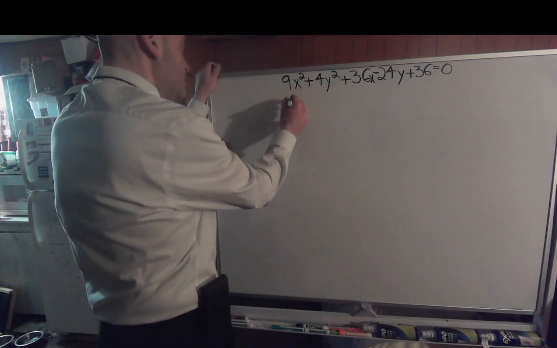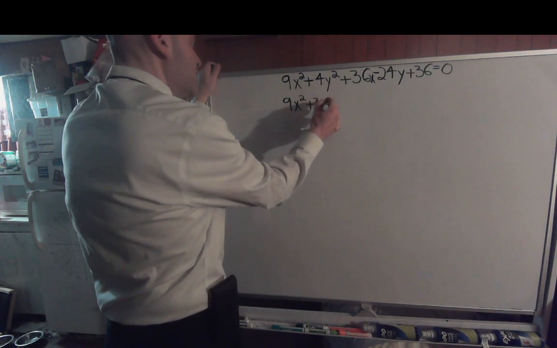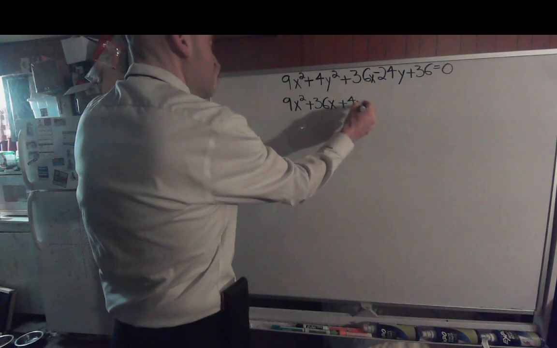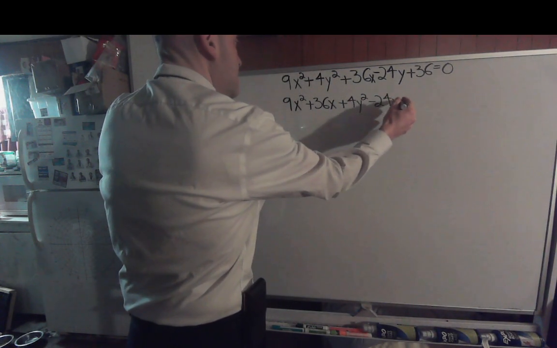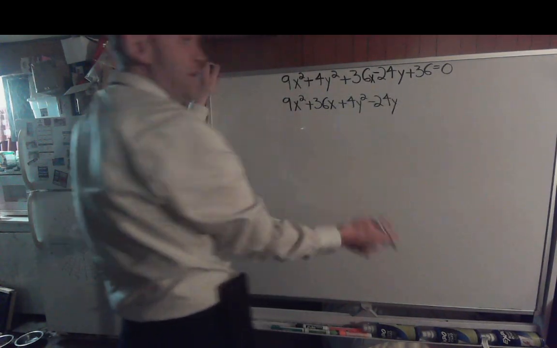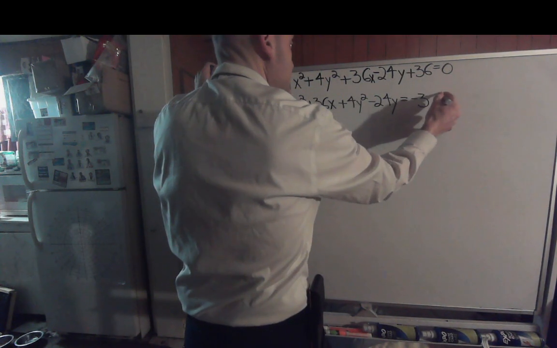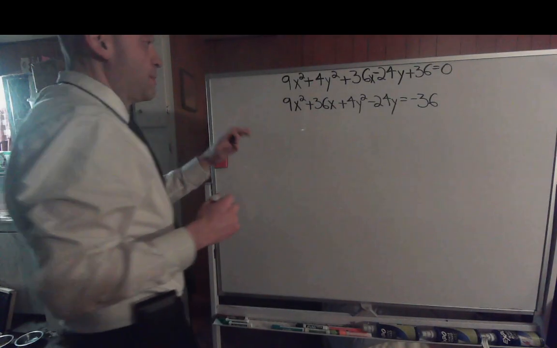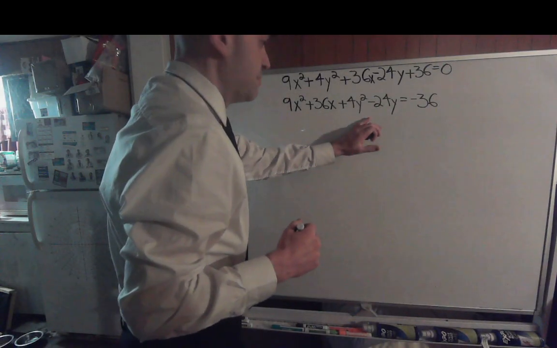So this should turn into 9x squared plus 36x plus 4y squared minus 24y. Now that 36, I would get rid of it on the left. You'll set that equal to negative 36. Now, with your variables, factor out the common coefficient.